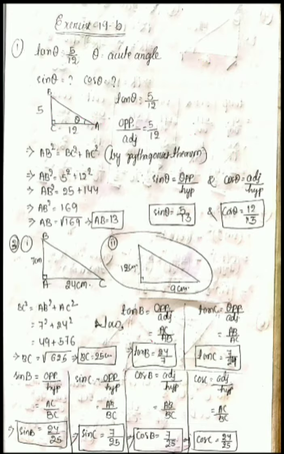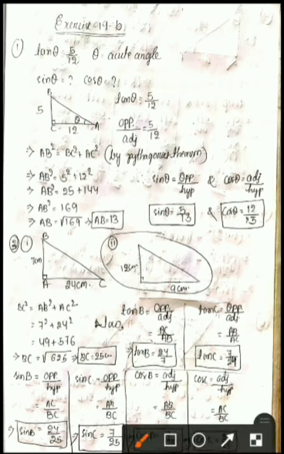So we got tan theta equals 5 by 12, and AC and BC we got. Now what do you have to find out? You have to find the value of AB, the hypotenuse. Just apply the Pythagoras theorem: hypotenuse square equals base square plus perpendicular square.